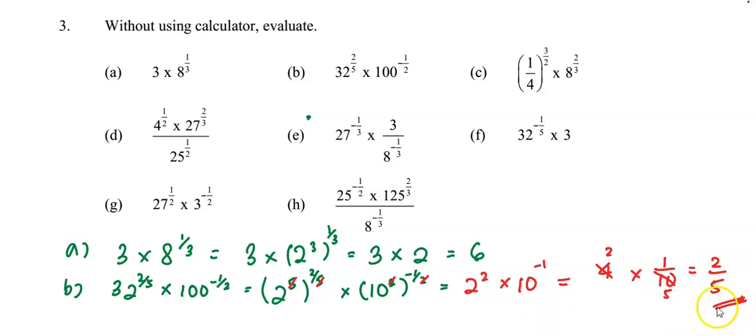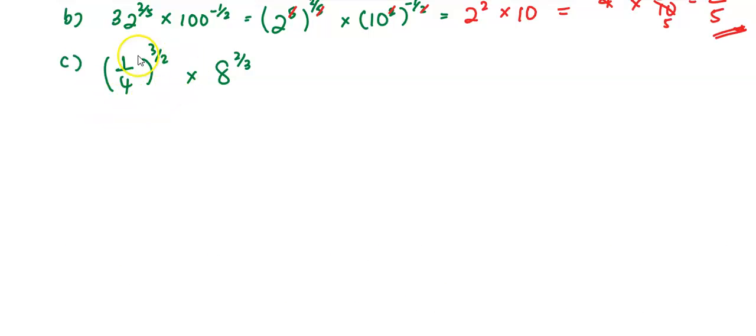Yeah, 2 over 5. For question C, we're going to simplify first before we find the answer. Without using a calculator, I'm going to convert the 1 over 4 into 2 power of negative 2.